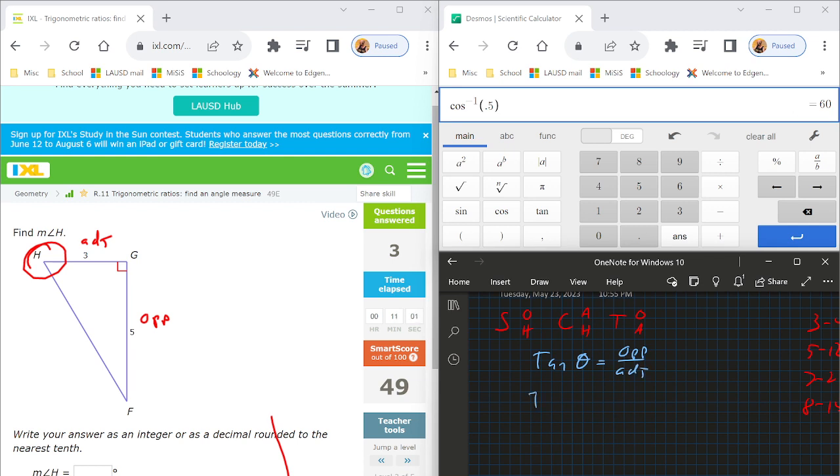So we have tangent of angle H equals 5 over 3. Thinking tangent inverse of each side. So that leaves measure of angle H equals tangent inverse 5 over 3.